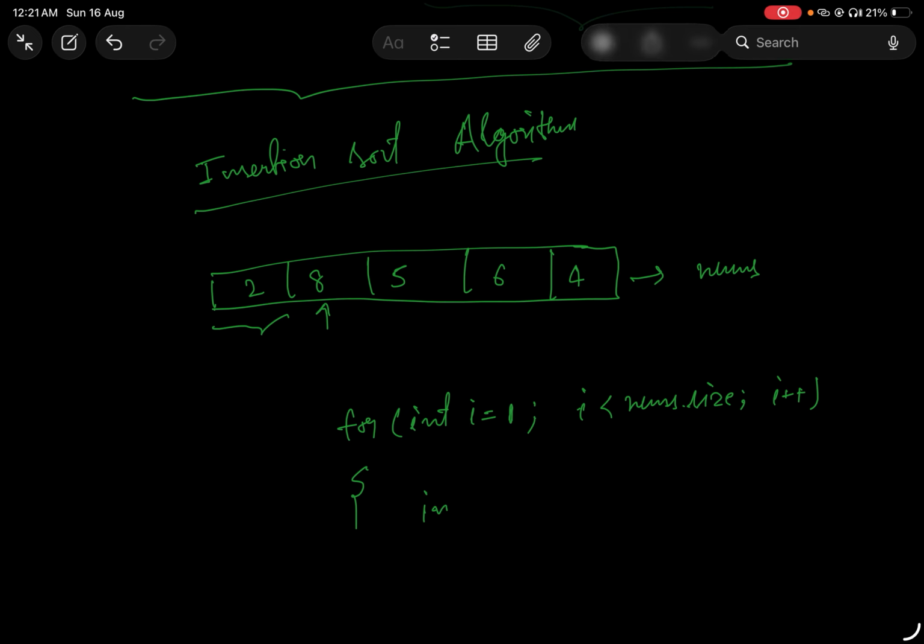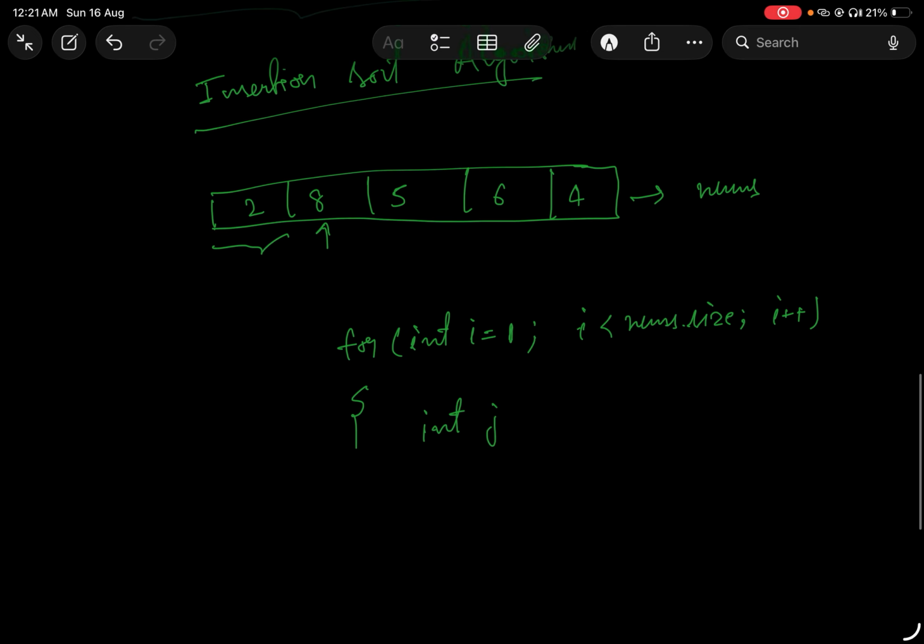And we'll introduce a new variable, j, which will be the pointer used to iterate through the sorted array. That will be initialized with i.